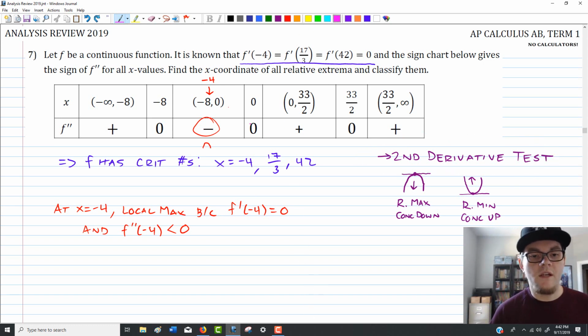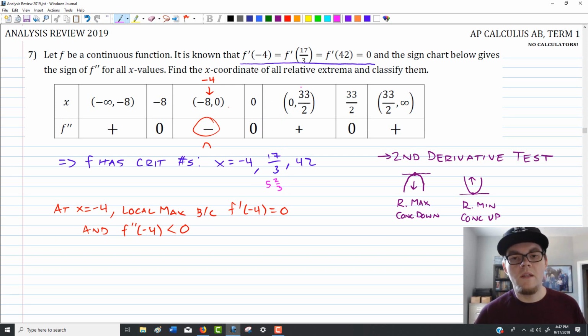Okay, same strategy for the second one. We've got 17/3, that's 5 2/3. So 5 2/3 is positive. It's going to be somewhere between this guy, which is 16.5. So 5 2/3 will fall right here. So down here I notice that we have positive concavity, which means our graph is concave up at that critical number.